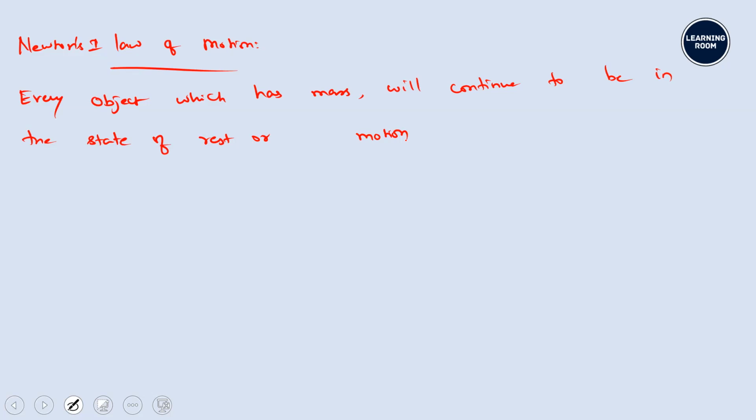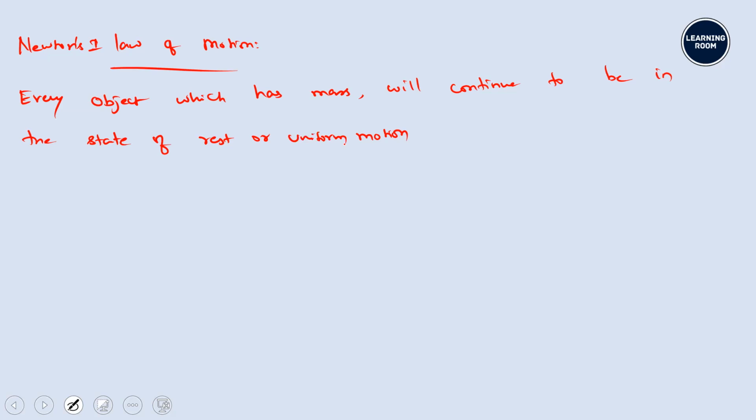This is where we get confused. If you write the statement as every object which has mass will continue to be in a state of rest or motion, the law is wrong. You need to stress on the point: in the state of rest or uniform motion.